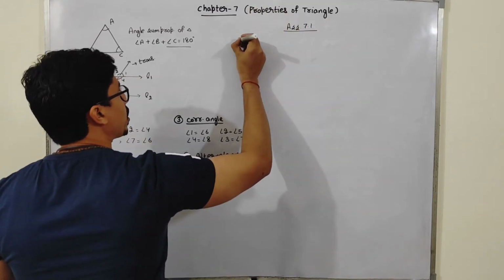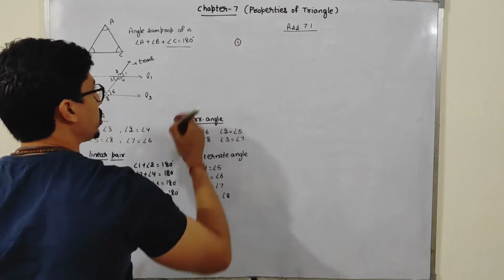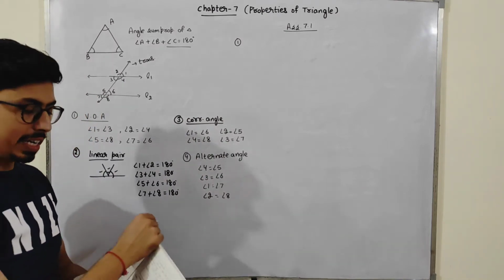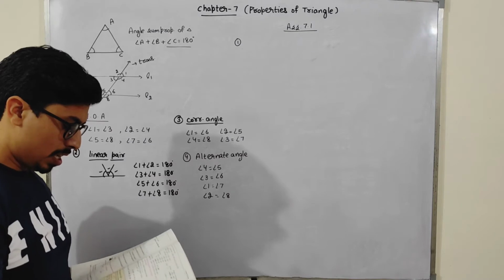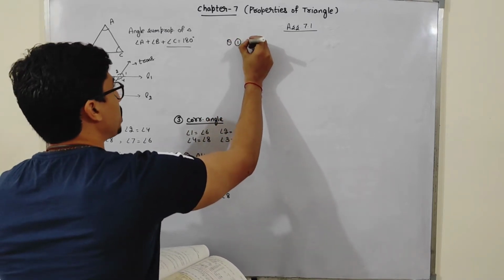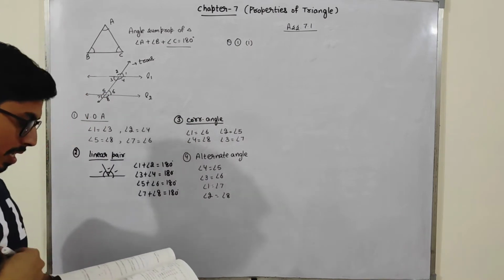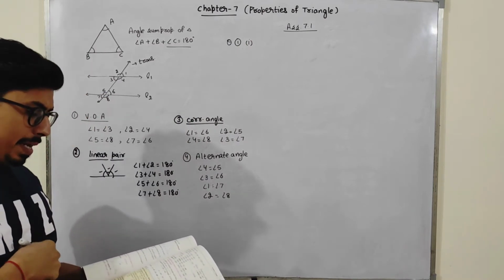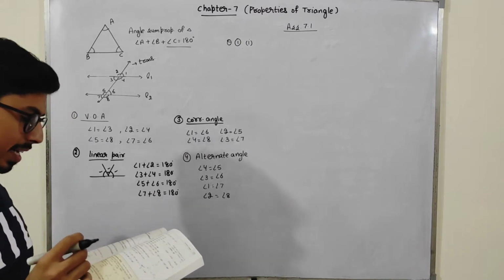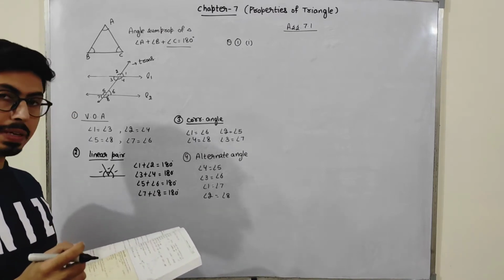So 7.1 question number 1. The first question contains 2 parts. So question number 1, first part I am discussing. A line segment AB and CD intersect at O, such that AC is parallel to DB.